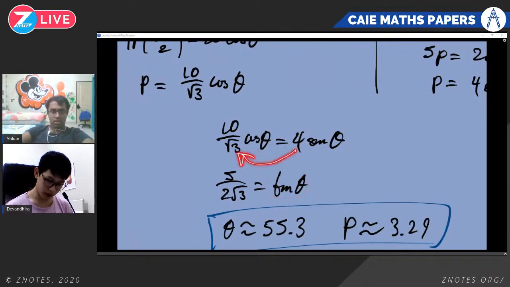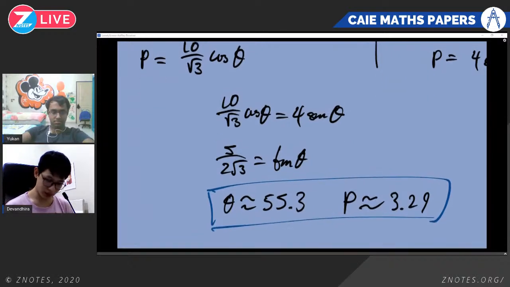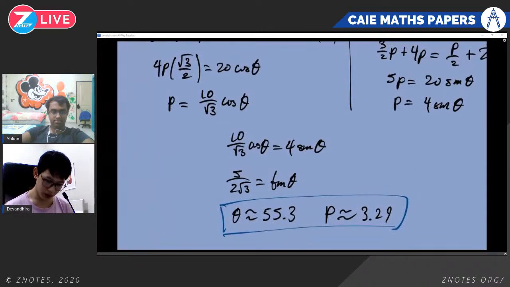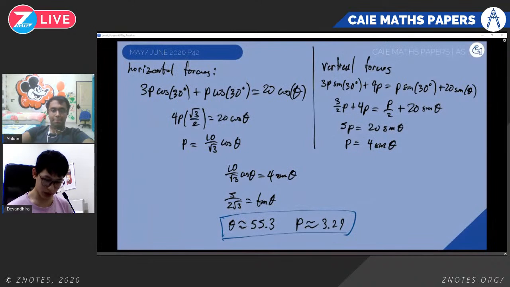And the 4 down here, we just simplify it. 10 over 4 is just 5 over 2. Then there's the root 3 down there. You can take the tangent inverse of this, and you get 55.3. And to get p, of course, you just have to put this angle in here or in here. It doesn't matter, and you'll get 3.29. Agree there? Anything to add?